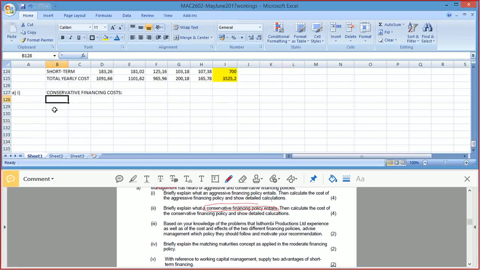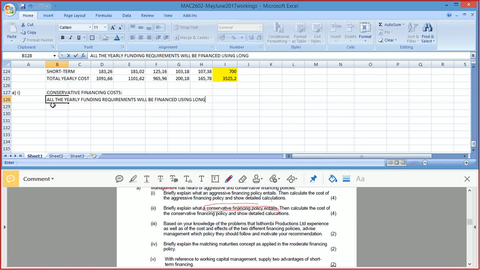So if it's conservative, that means all the yearly funding requirements are long-term finance.